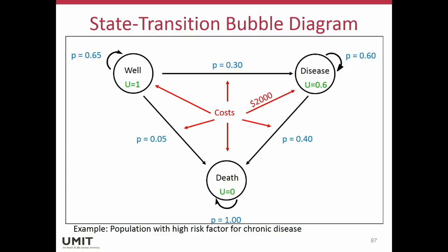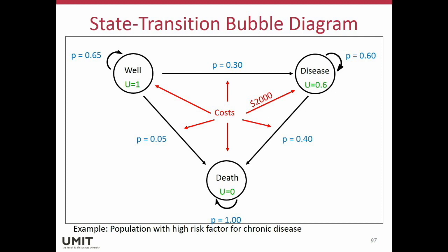However, just so that you have a picture in mind, here is a picture of a so-called state transition model. A state transition model is, first of all, defined by the health states. And here, in this very simple example, we define the health states as well, diseased, and death. And next, you describe the transitions among the health states.